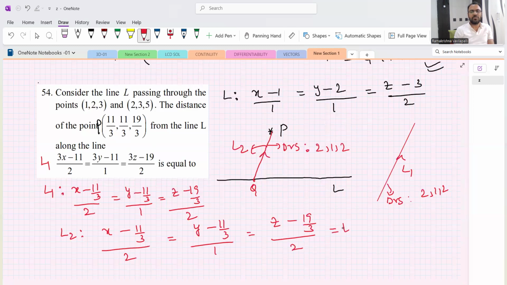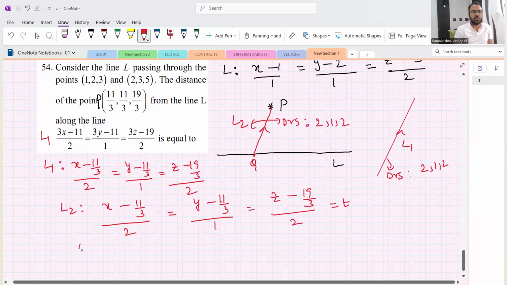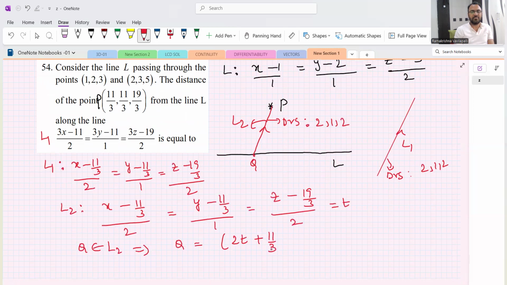Assume this is equal to some t, right? So therefore, what are the Q coordinates? Q coordinates belongs to L2, implies I can write Q is equal to (2t plus 11 by 3, t plus 11 by 3, 2t plus 19 by 3).